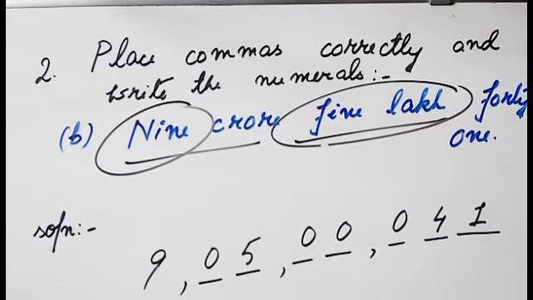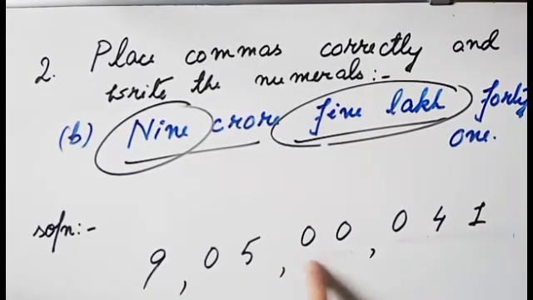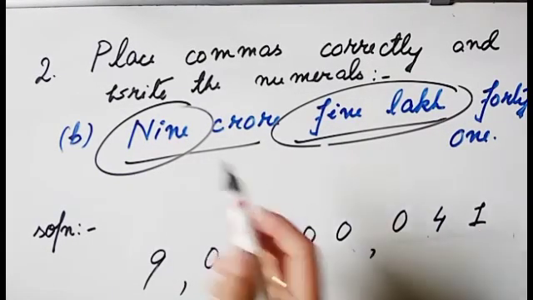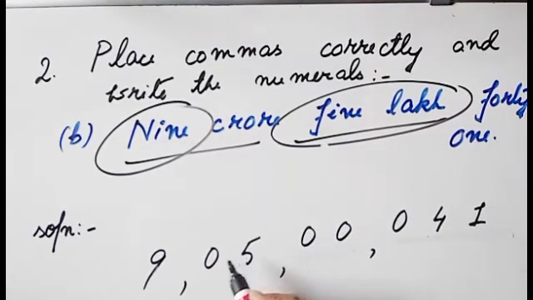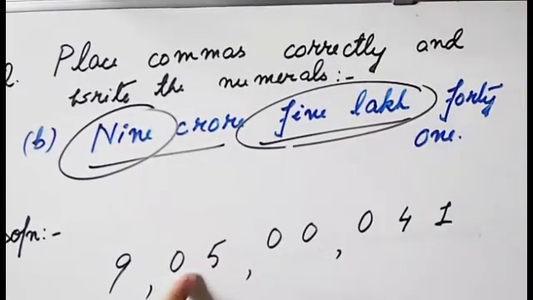Understood, students? So this is the numeral of the given number name, and we place commas using the Indian system. Let us check whether the numeral is correct or not. So 9 crore, 5 lakh, and 41.